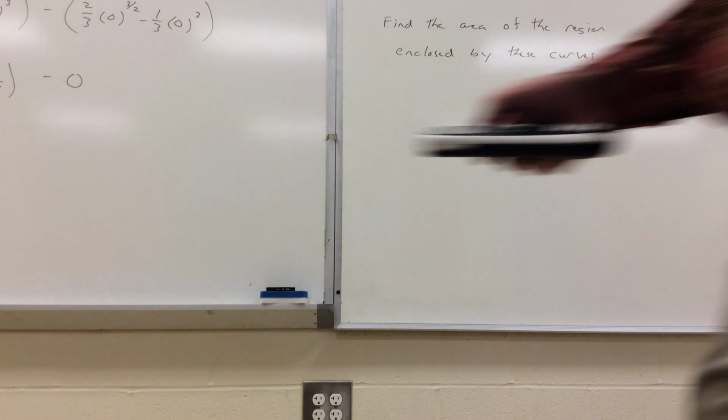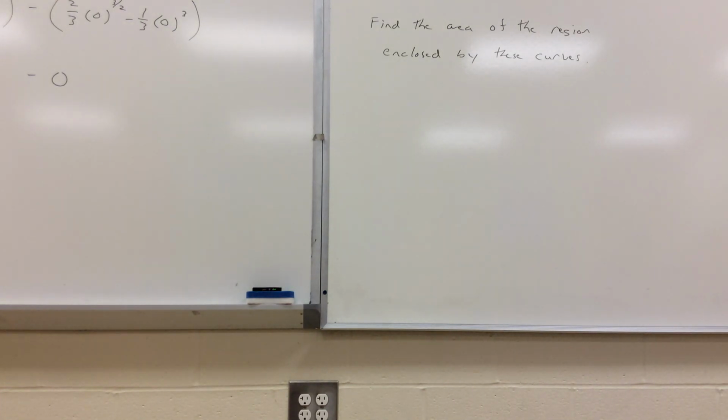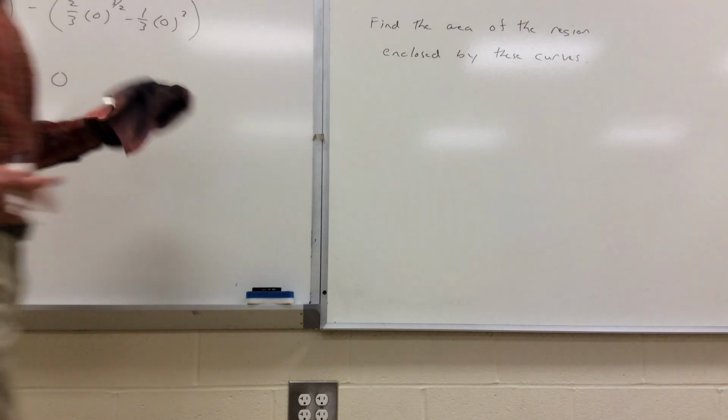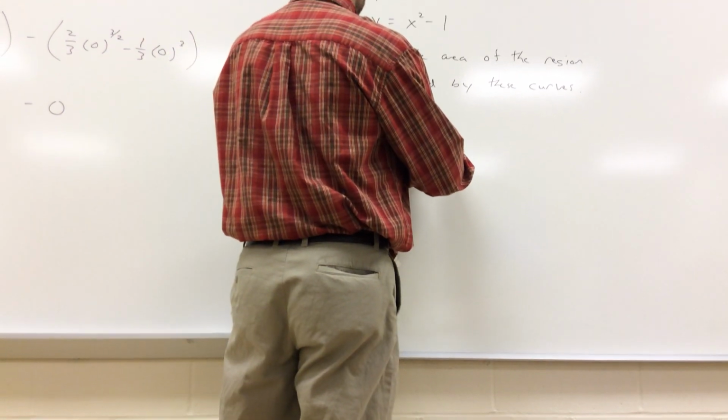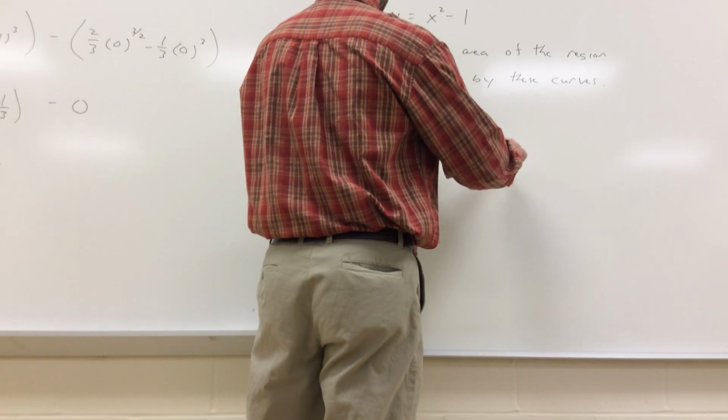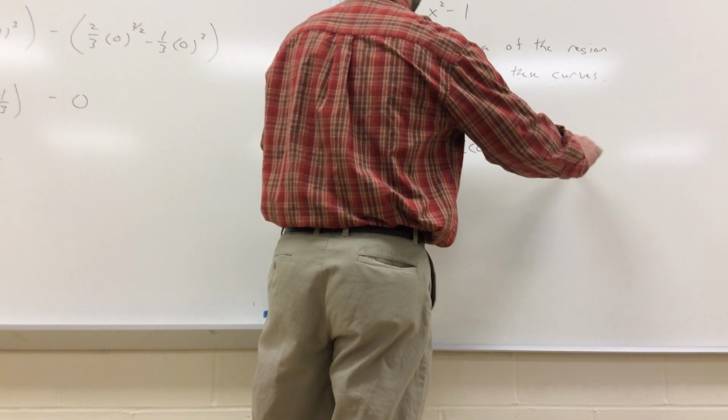Which one's on top? The cosine one, right? So 2 cosine x is on top. So that's the bigger y value, since it's the one on top. So you're going to take 2 cosine of x minus x squared minus 1.